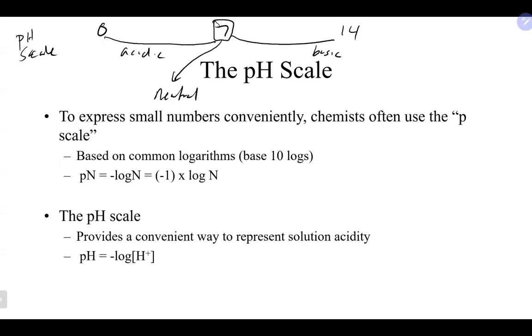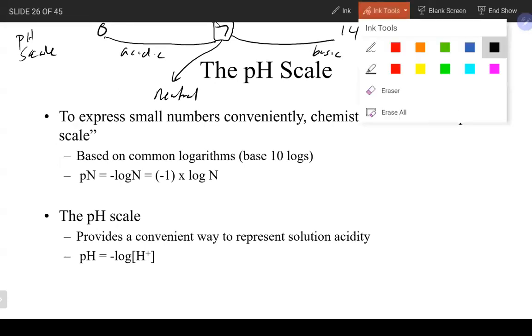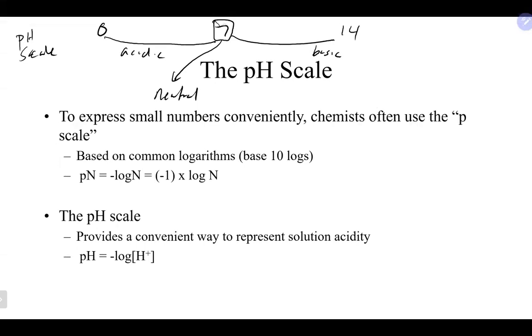That is the point where the OH minus and H plus would equal each other. So it would be a pH of 7. 7 is sort of your middle standard. As you go from 7 towards 14, you're becoming more basic, and you go the other way, you're becoming more acidic.